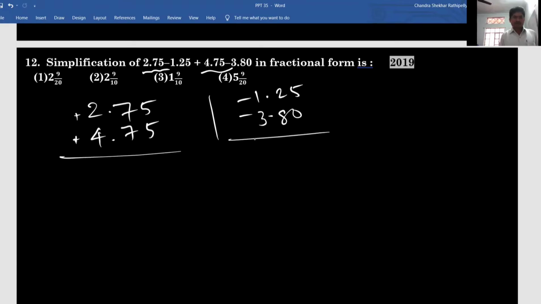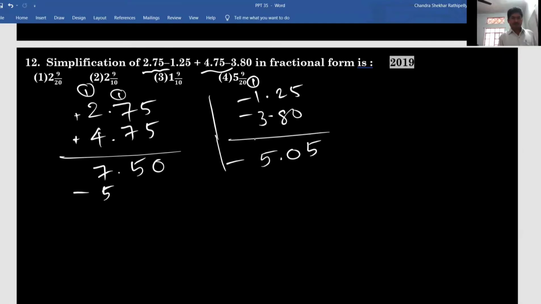We add separately: 7.50, and 5.05. Now we have to subtract: 7.50 minus 5.05, which is 2.45.